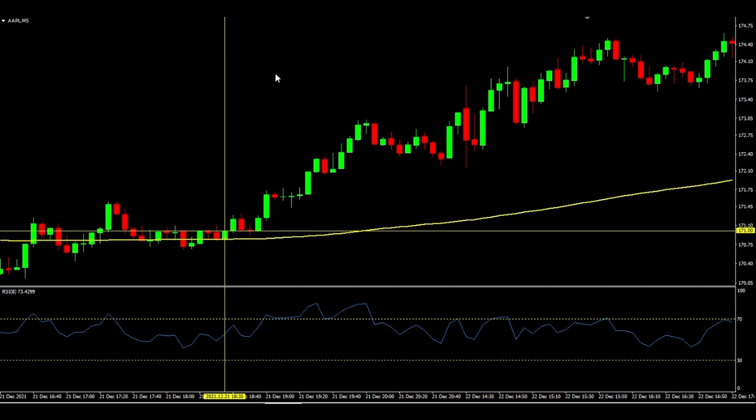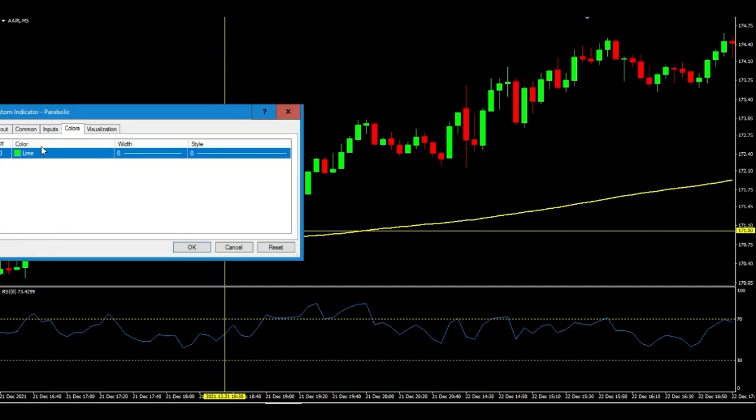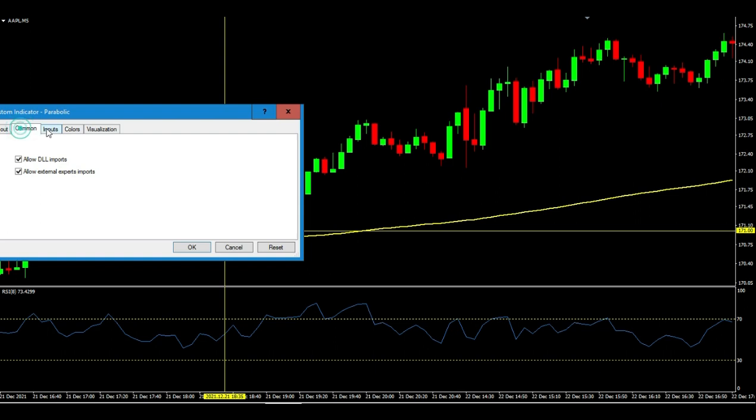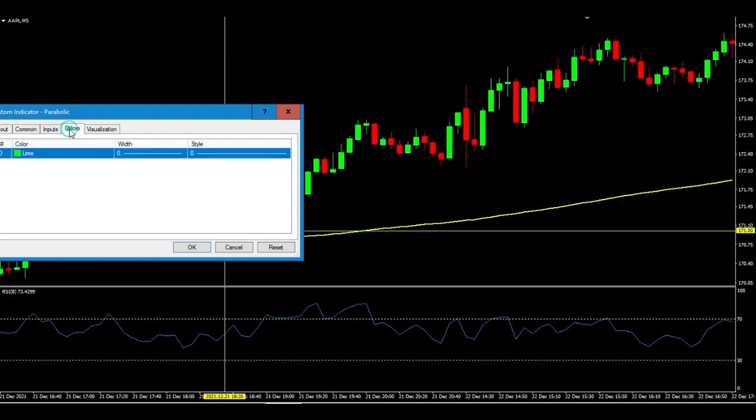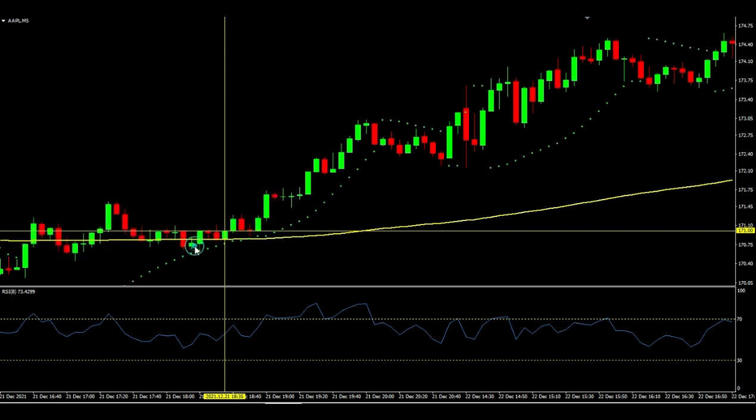One way is to use the previous low, about 5 pips below it, or you can use the parabolic SAR, which is stop and reverse. It gives you dots in green, lime color, and you click OK.